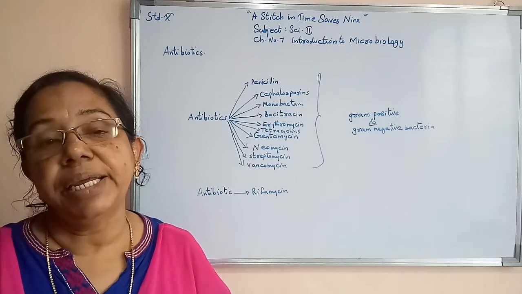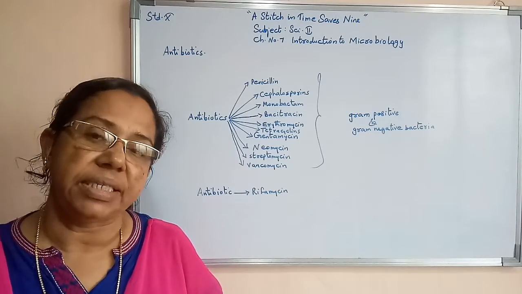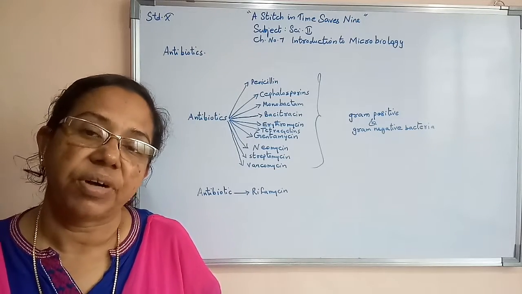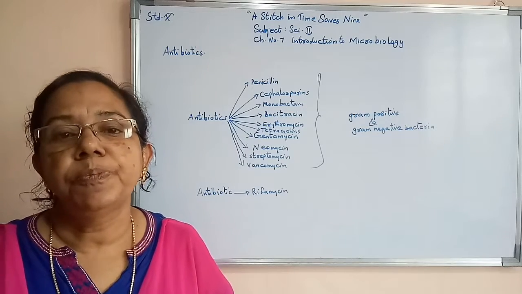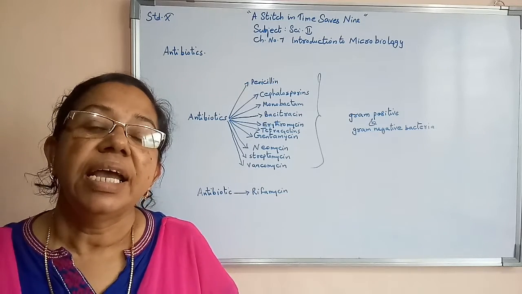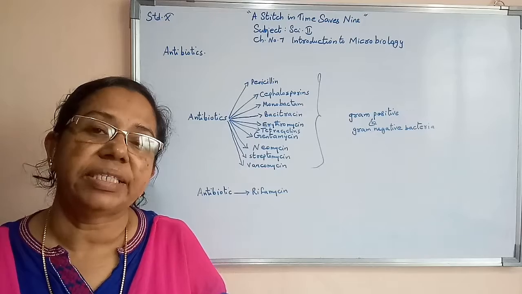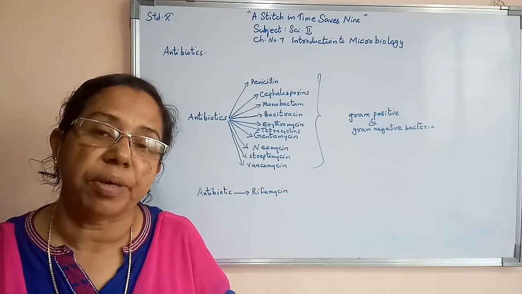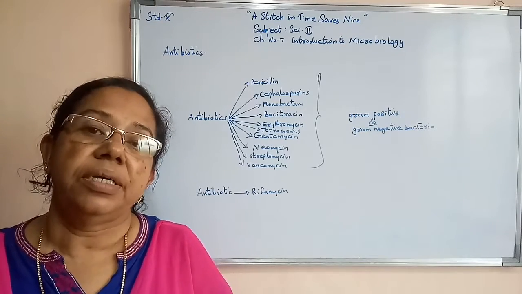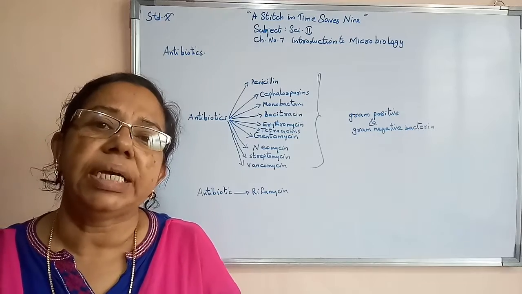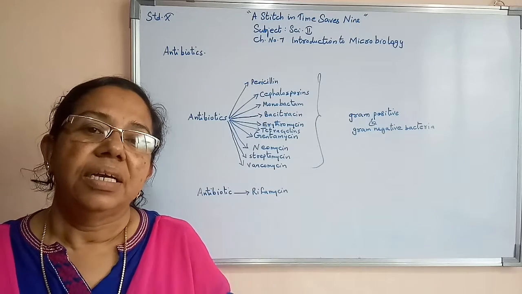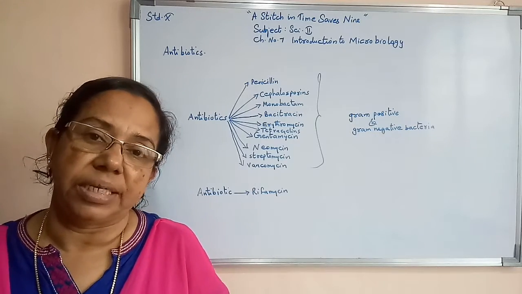Now, what is meant by antibiotics? Antibiotics are medicines produced from bacteria as well as fungus, which help to control the growth of microorganisms. As a result of the growth of microorganisms, various diseases occur in human beings as well as animals. For controlling the growth or destroying the microorganisms growing in human beings or animals, we are using antibiotics.